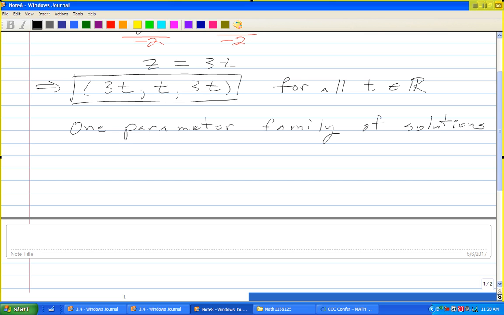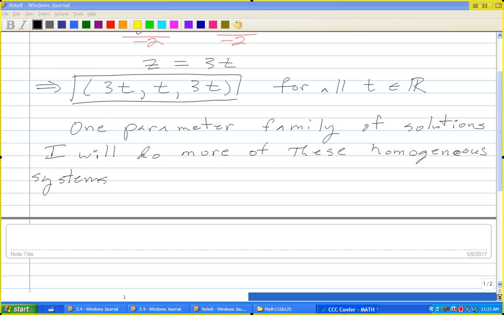section 12.2. So, I guess I'll do some more of these homogeneous equations. I'll do more homogeneous systems.